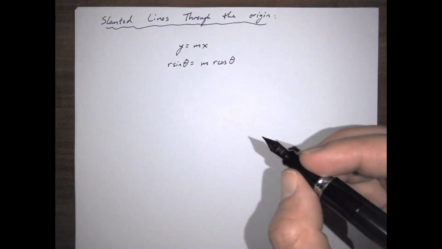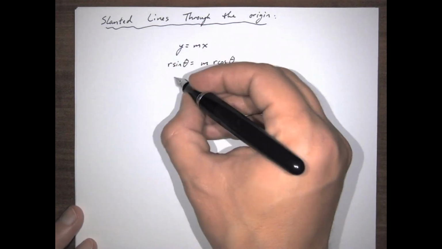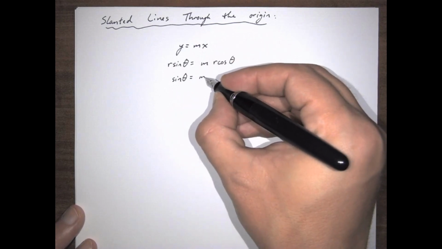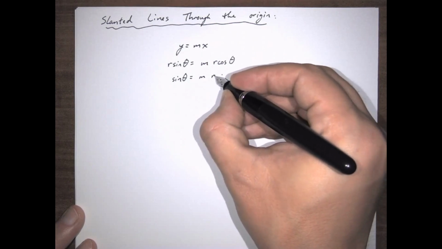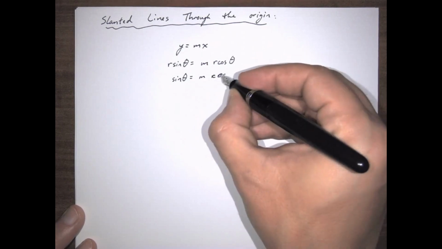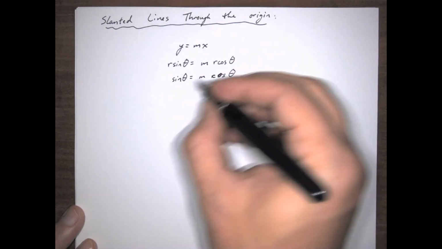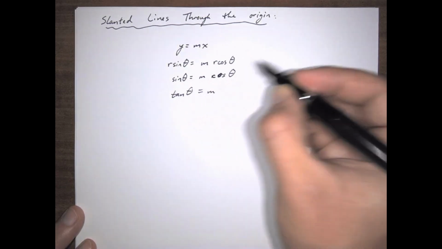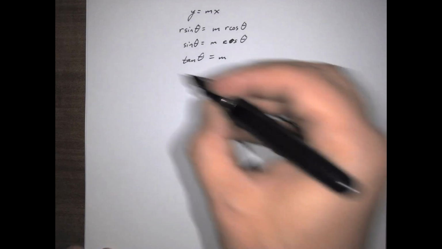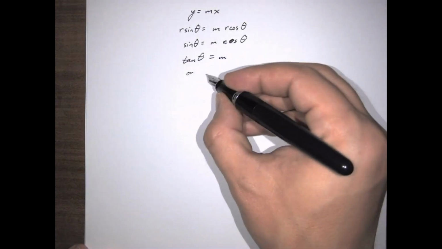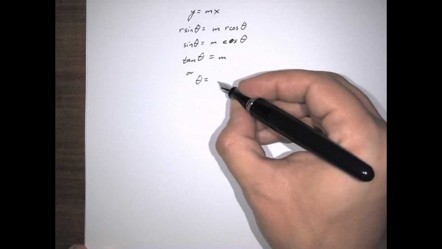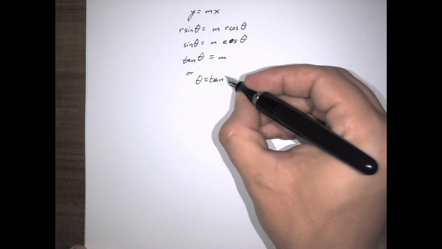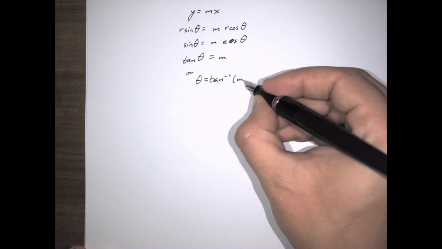If we divide both sides by r, that'd be sine theta equals m cosine theta. And then if we divide both sides by cosine theta, we get tan theta equals m, or occasionally we would just write it as theta equals the inverse tangent of m.